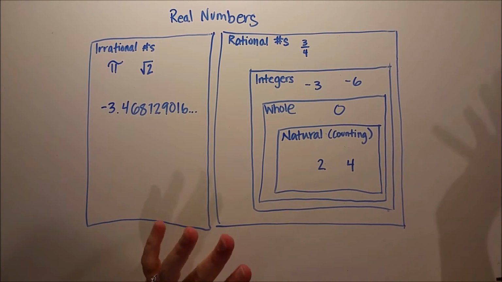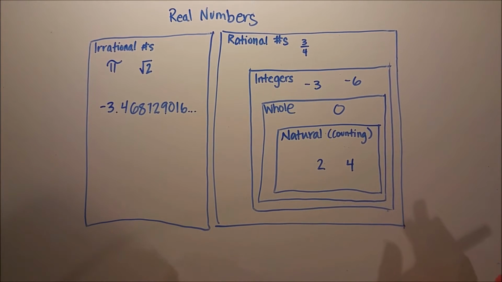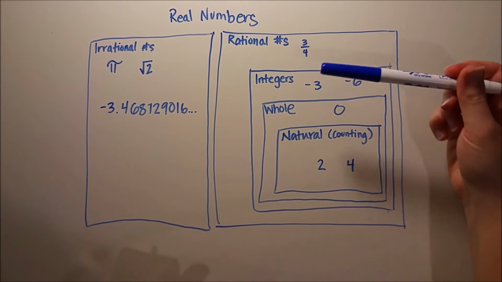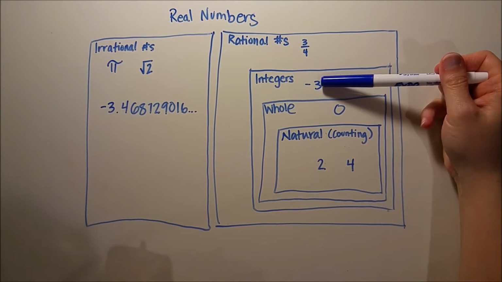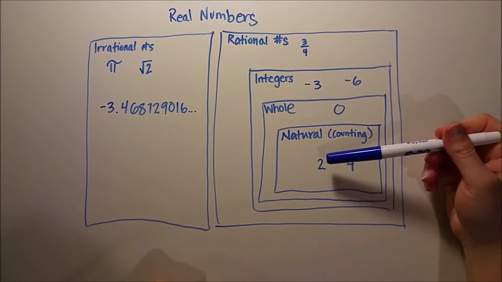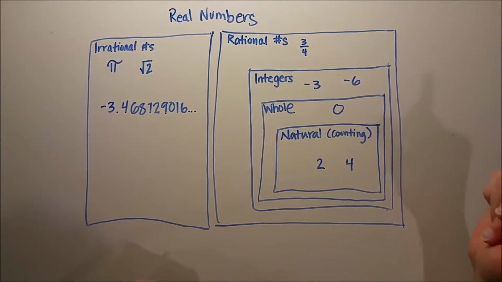Okay? So to review, rational numbers are anything that can be written as a fraction. Okay? So this could be written as -3/1, 0/1, 2/1. That's that ratio with the fraction bar in there.